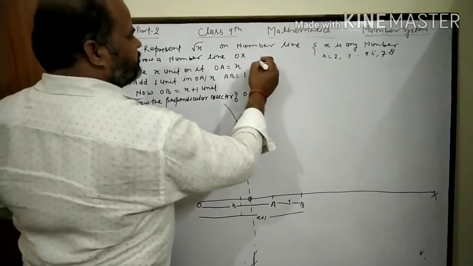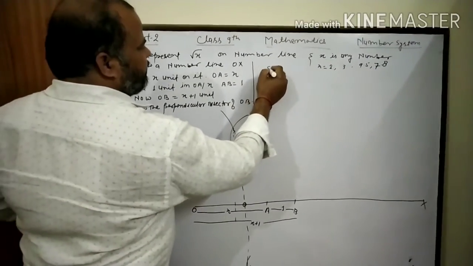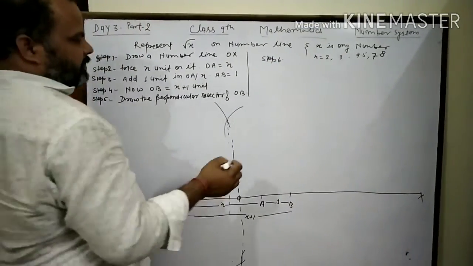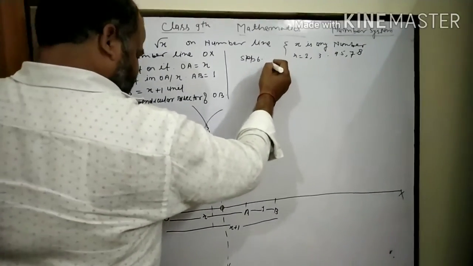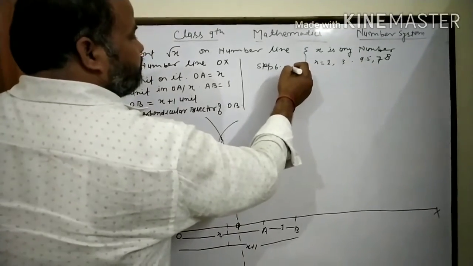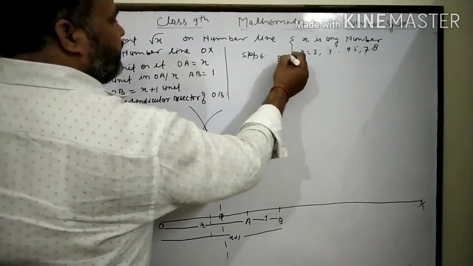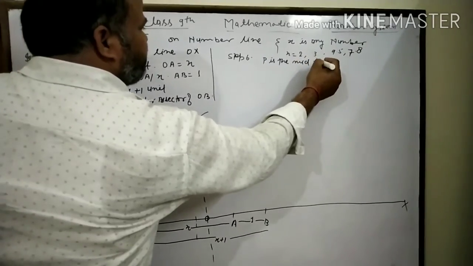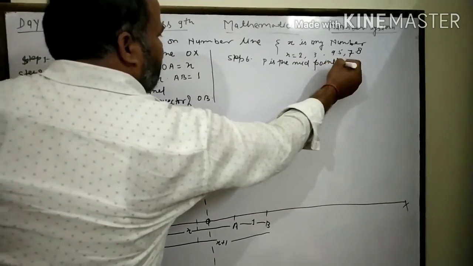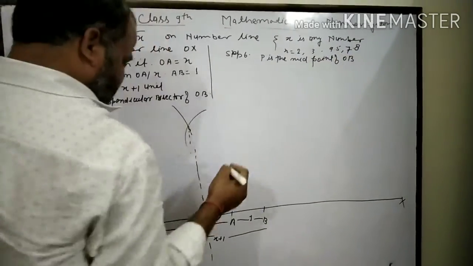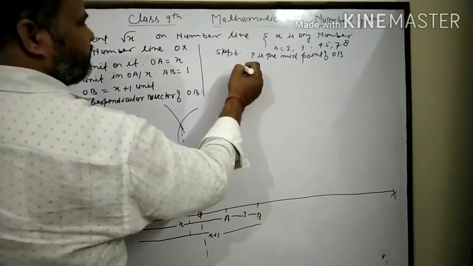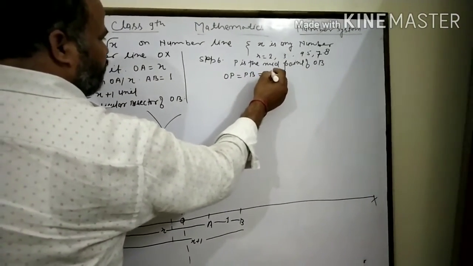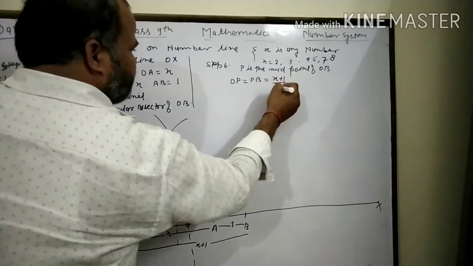Then see here step 6. P is the midpoint of OB such that OP is equal to PB is equal to (x plus 1) by 2.